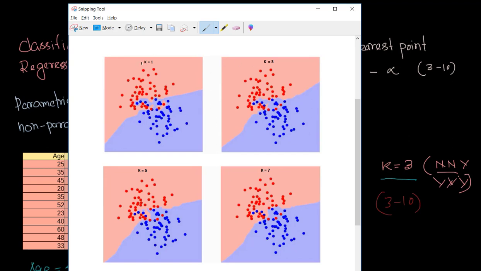And if you see, when the k value is very small, 1 means the point itself, and when it is 3, we are taking just the 3 nearest points, that means this particular boundary will be very much overfitting the graph. When we increase the k value, this boundary is getting smoother and smoother. Okay, so this is the effect of increasing k.